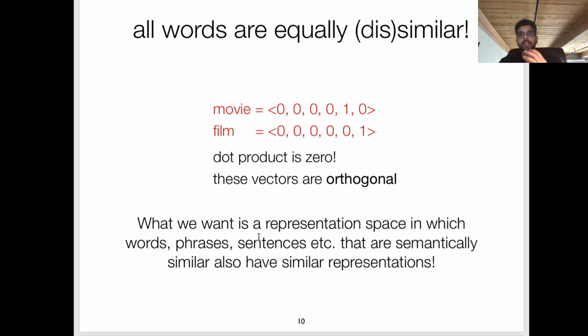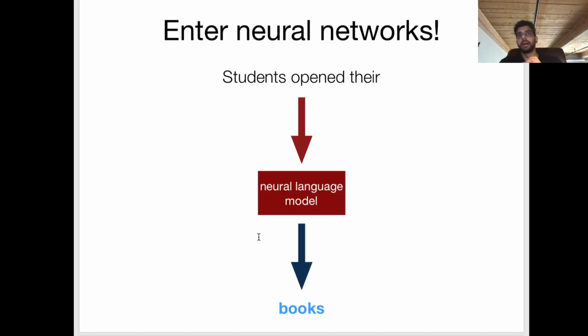So what we want is a representation space in which all of these semantically similar units of text also have similar representations. So we're going to move from these one-hot vectors to low-dimensional real valued vectors, so not just zeros and ones. And this is where neural networks enter the picture. So in a neural language model, I'm going to take my prefix and then I'm going to encode it into these real valued low dimensional vectors. And then I'm going to train a classifier to predict the next word from the representation that my model has learned of this prefix.